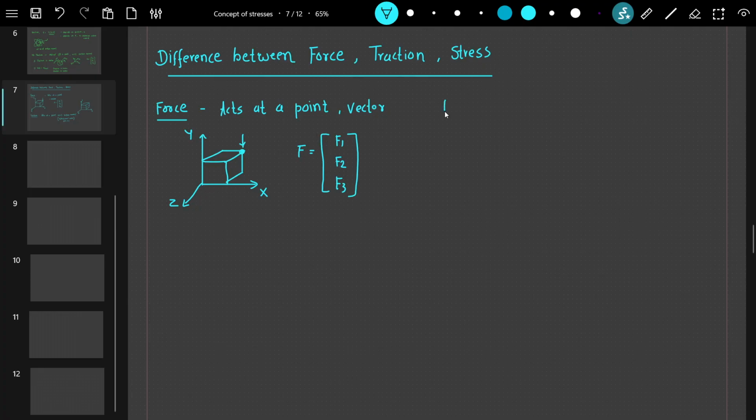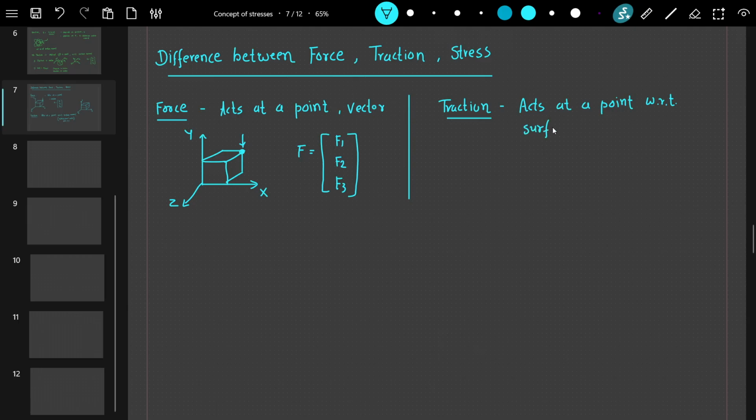Then traction. So like force, traction also acts at a point, but with respect to a reference surface normal.